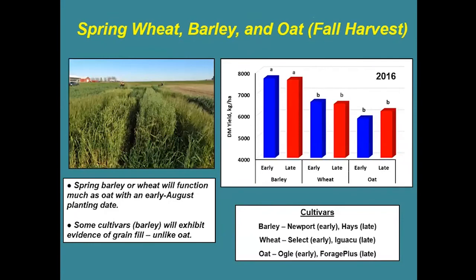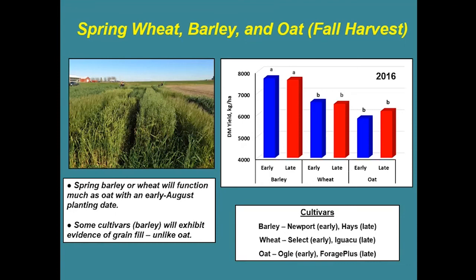The last thing I want to touch on here is using spring wheat and barley, and comparing that with oat in the same context as we talked about with this fall oat. It occurred to me, well, if spring barley and wheat also will elongate in the fall with the same kind of planting date, would they be similar in performance or better or worse?